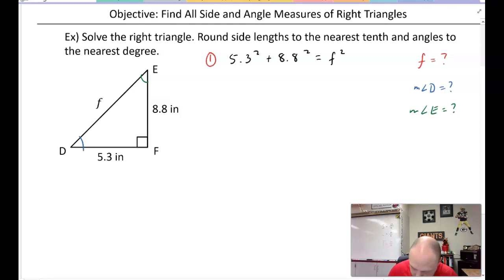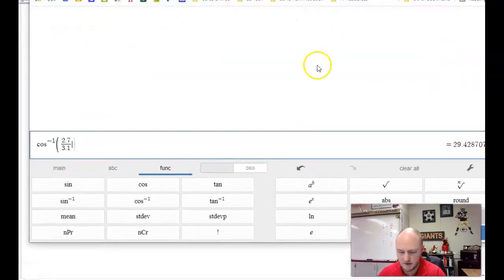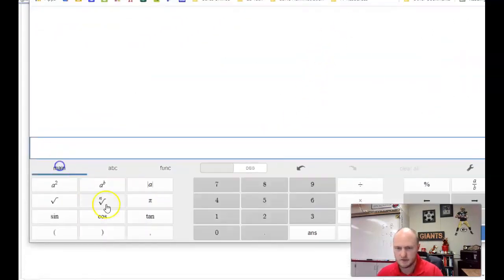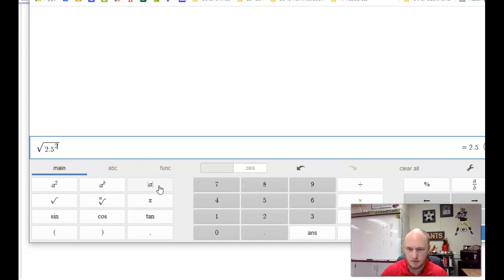And taking the square root of each side, we'll get F. So let's go ahead and calculate all that. So the square root of 5.3 squared plus 8.8.